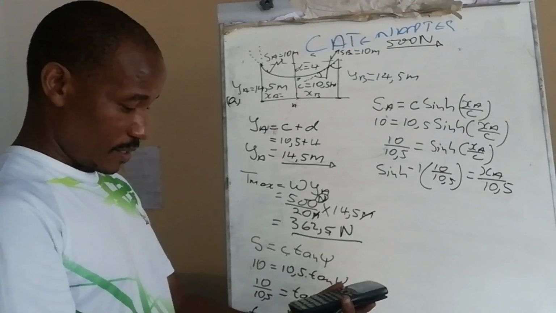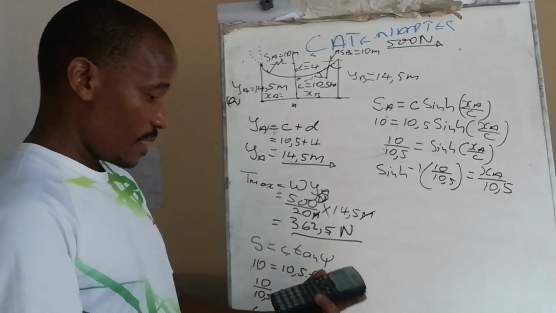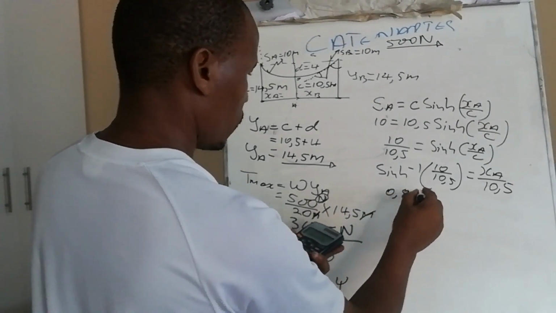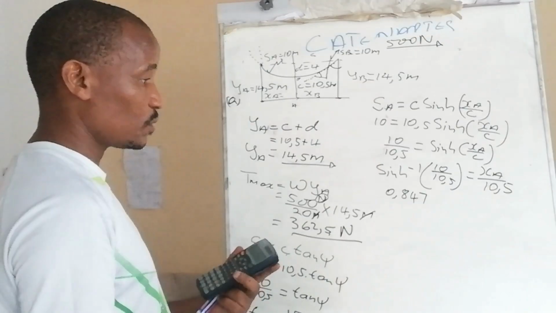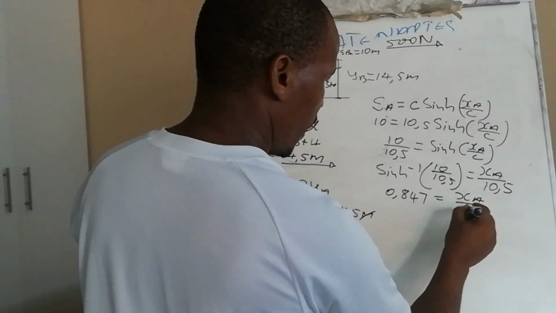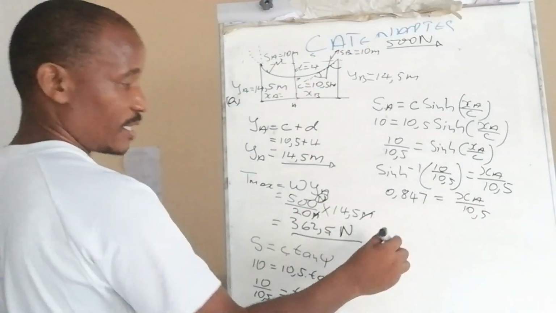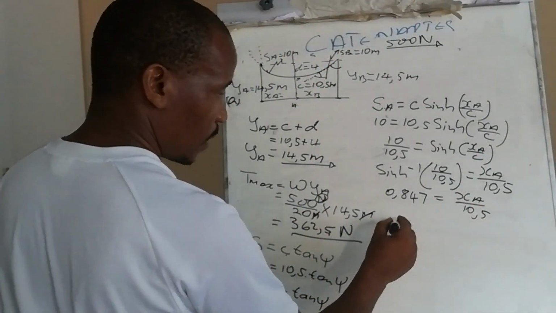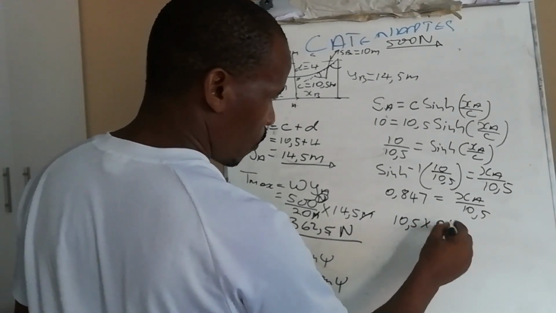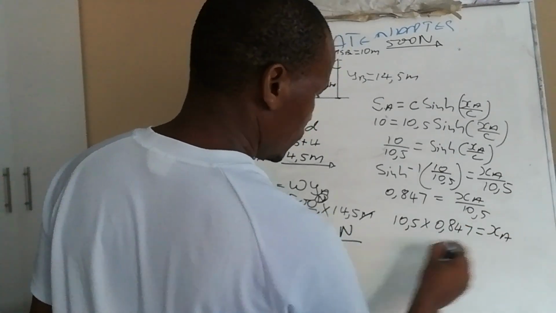And you get 0.847, to three decimal digits, is equal to XA over 10.5. If you cross multiply to make XA the subject of the formula, it's 10.5 multiplied by 0.847 is equal to XA.